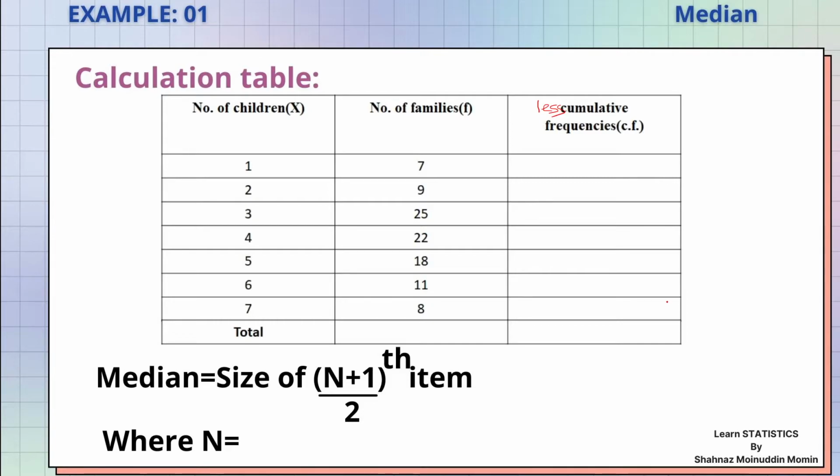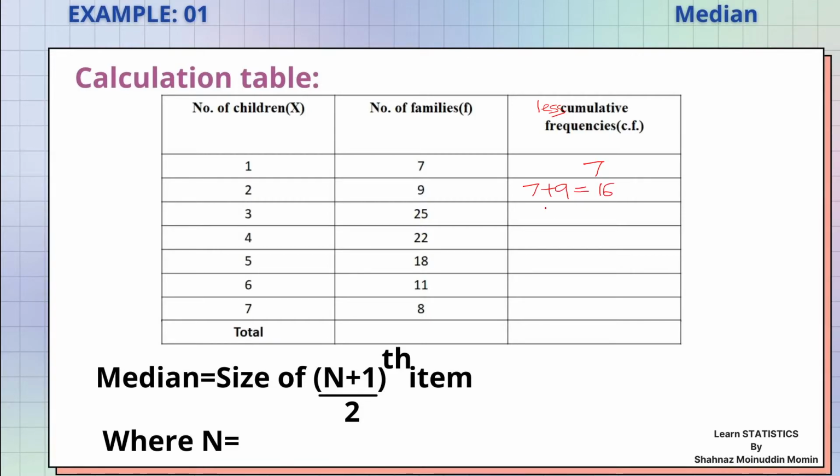Now let us calculate the less than cumulative frequency. Start from the top of the column. Write the first number of families as it is, 7. For the second, we add 7 plus 9, it is 16.